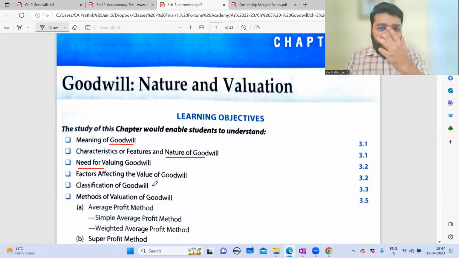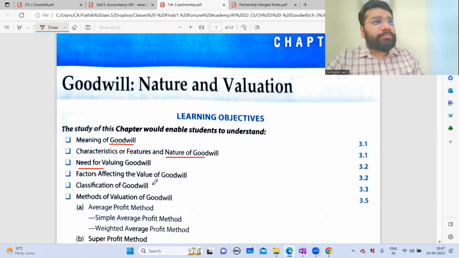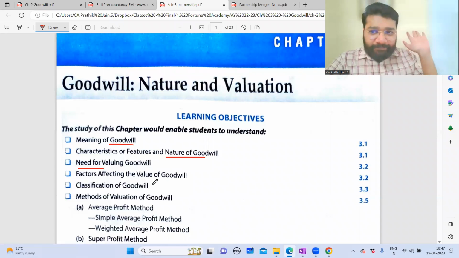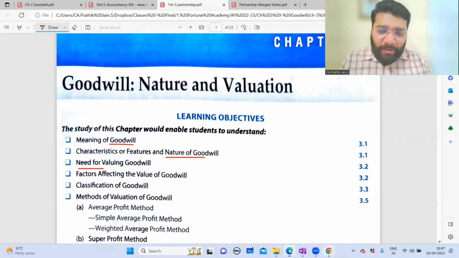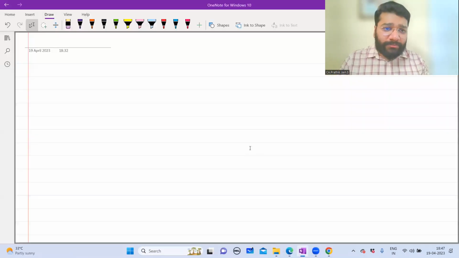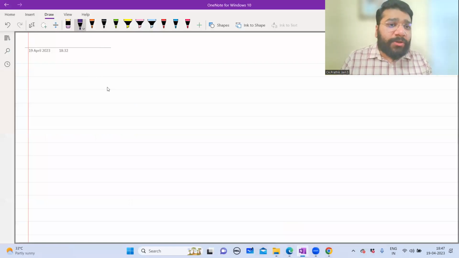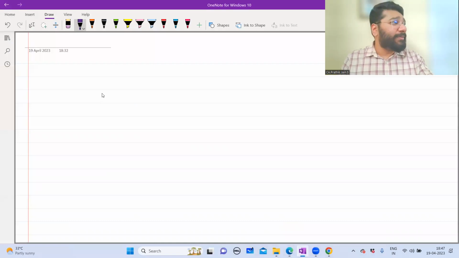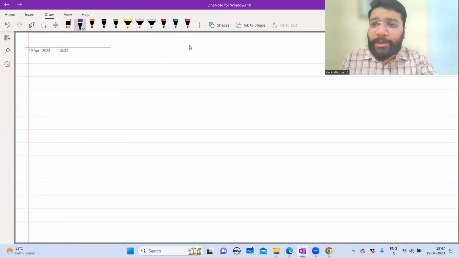So let's begin. My basic question to all of you: from your perspective, what is goodwill? Tangible assets. One by one. Okay, let me note it down. Online people, you tell me.